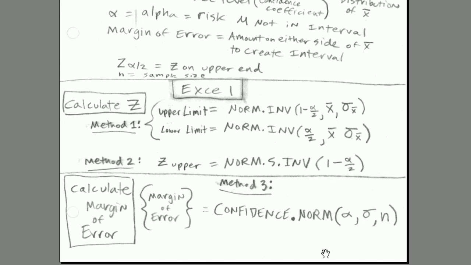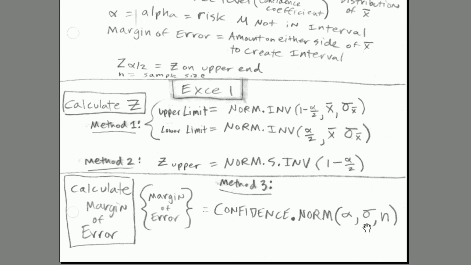CONFIDENCE.NORM means z distribution. Now notice, for the NORM.INV, we're going to have to calculate the standard error. For the NORM.S.INV, all we need is the probability from negative infinity up to alpha divided by 2. But notice this. We don't have to make many calculations. We have alpha.